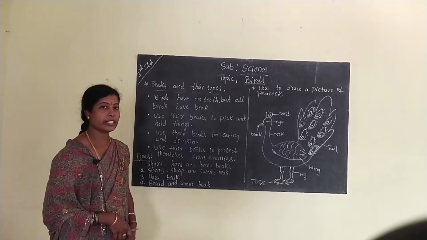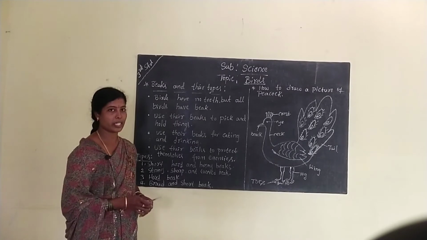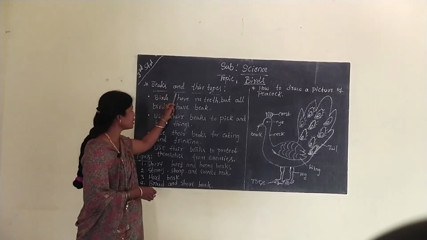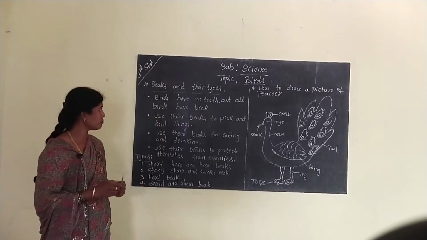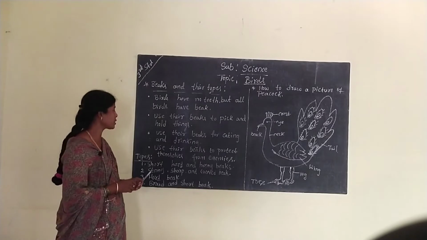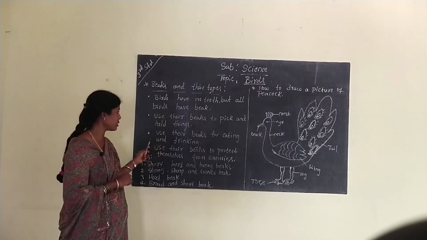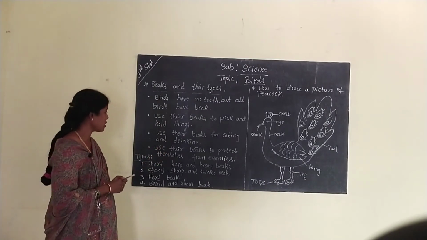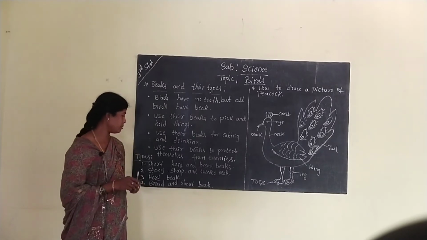Children, different types of birds have different types of beaks for their eating habits. Okay, now we know about the beaks and their types. Birds have no teeth, but all birds have a beak. They use their beaks to pick and hold things, for eating and drinking water, and to protect themselves from enemies.